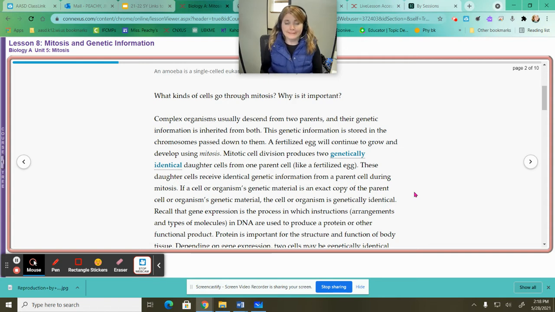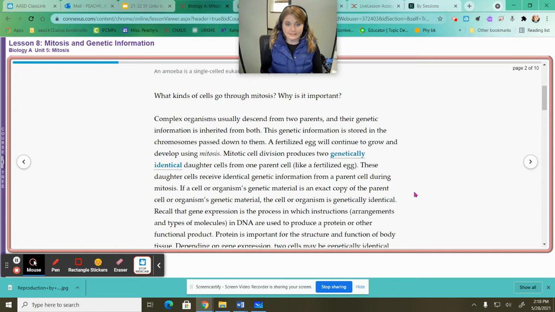You might think that seems a little redundant, because isn't cell division mitosis after all? But we also have meiotic cell division, which uses the process of meiosis, which we have not talked about yet. So it is important to distinguish between the two of them.